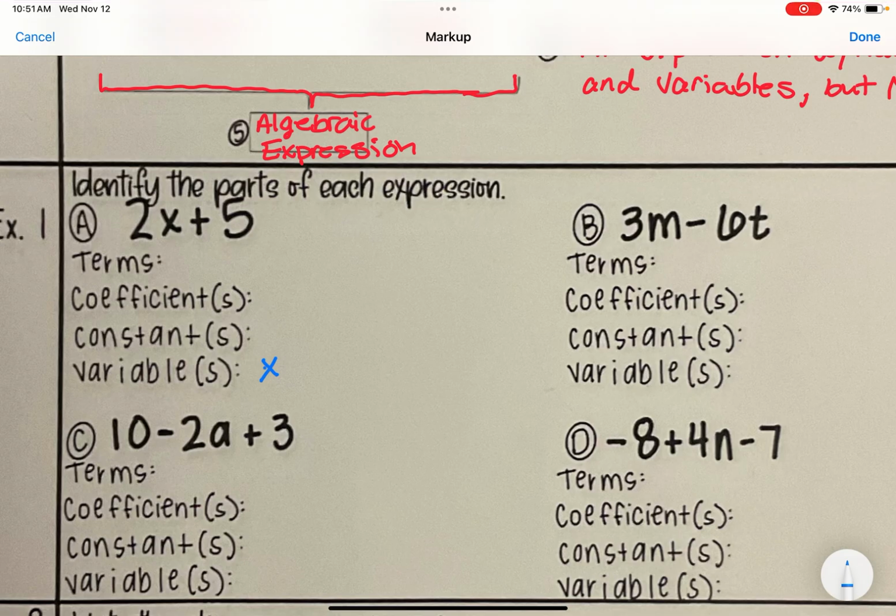The number that's connected to the x, the 2, is the coefficient. So the coefficient is just the number 2. And then the constant is what's by itself, so it would be the number 5. So then in this expression, we have two terms. We've got the term 2x, and we've got the term 5. So we're going to write both of those down, 2x and 5.